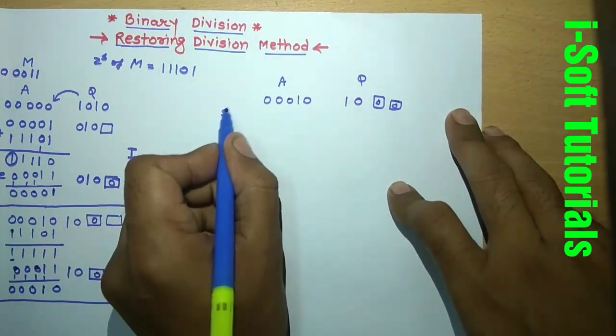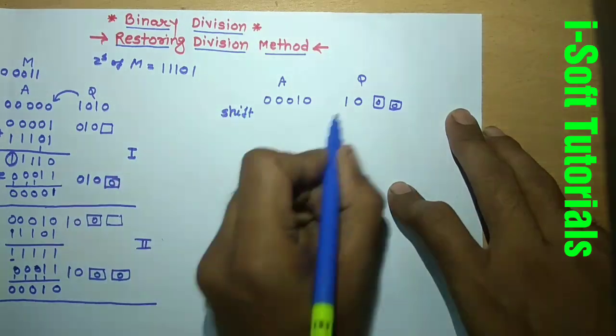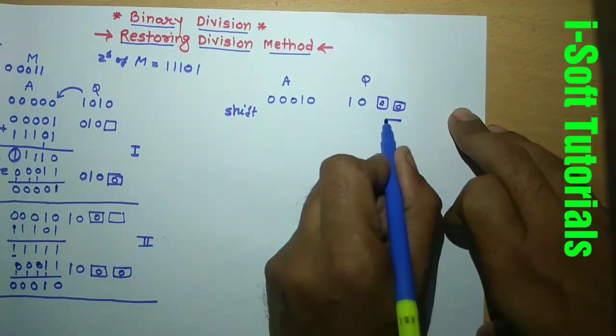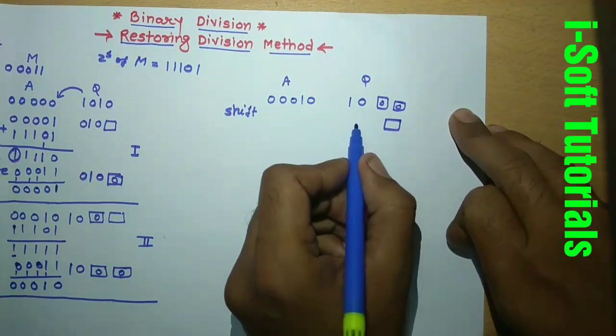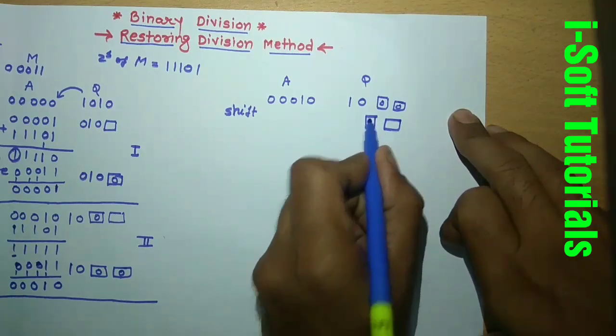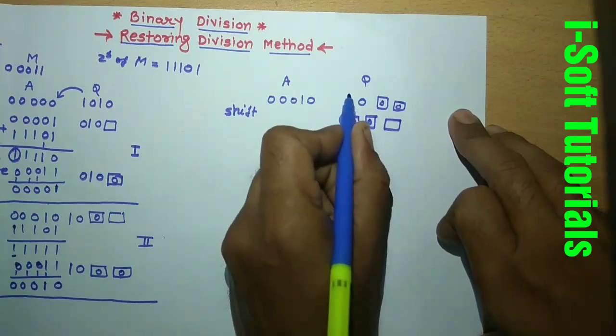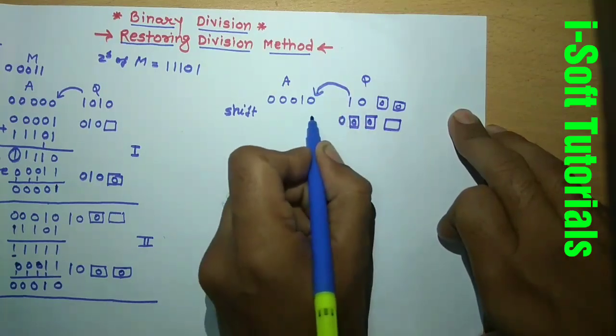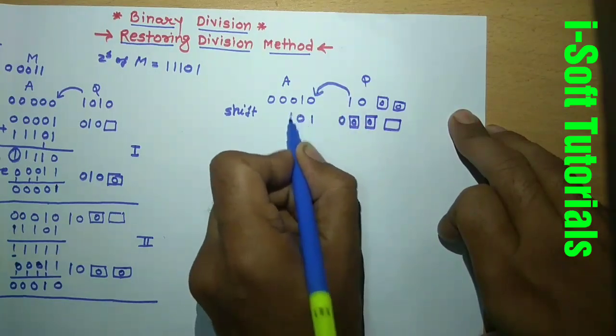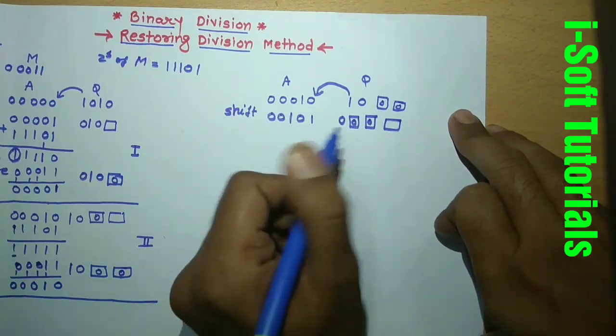So again repeat the same step. Shift A and Q to left, one binary position. So here we will get empty space, then updated 0, second updated 0 and this 0. Then this 1 will be at this position, 1 0 1 and 2 zeros.